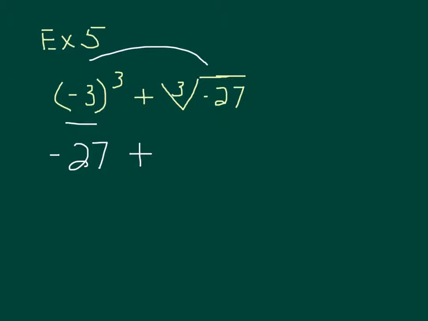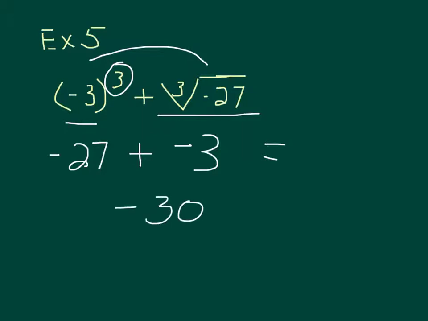I know that a negative 3 times itself 3 times is a negative 27. Now here they're asking, what number times itself 3 times would give you a negative 27? Well, the cubed root of a negative 27 is a negative 3. So now I add these together. Take away 27, take away 3 more. I've taken away 30. So it's a negative 30.